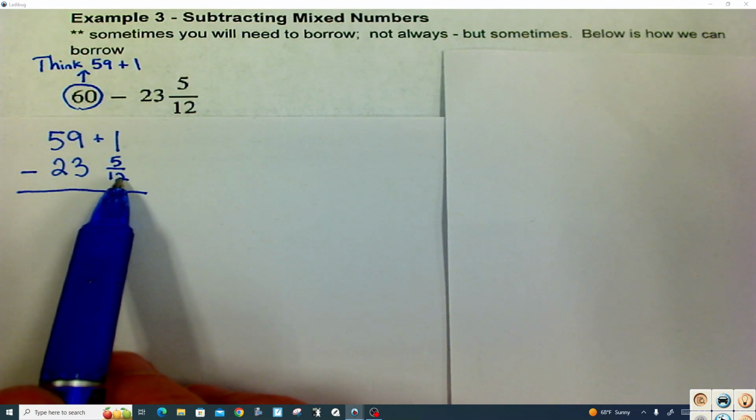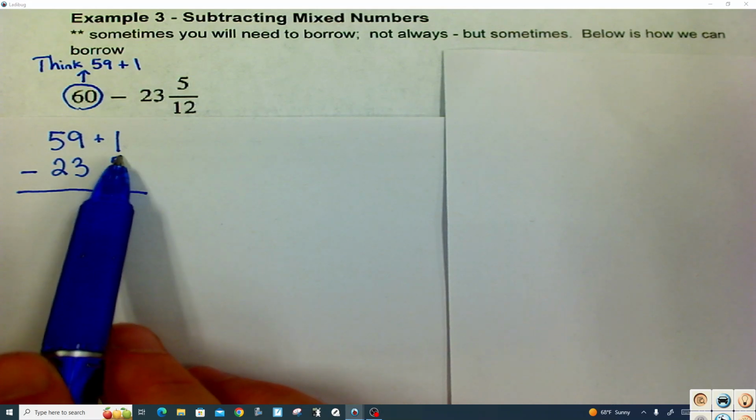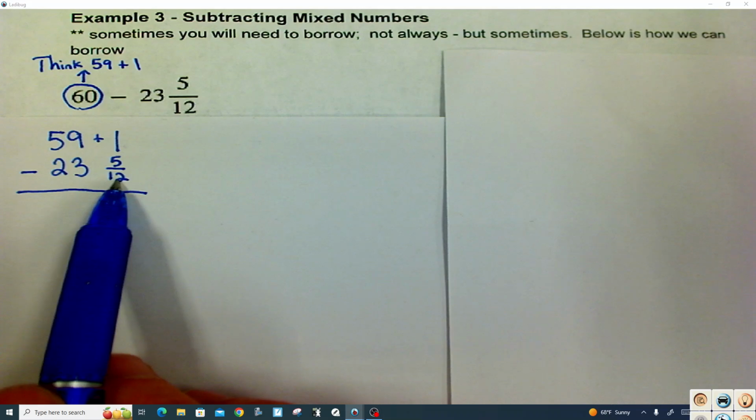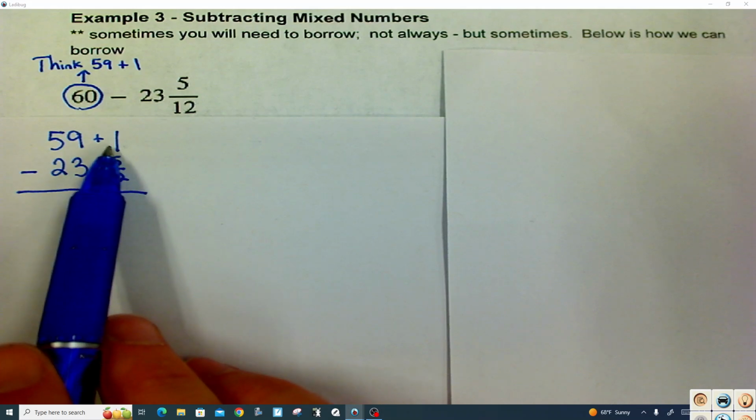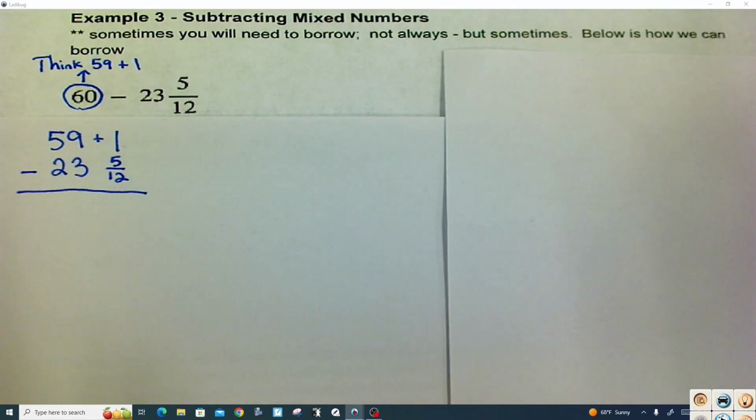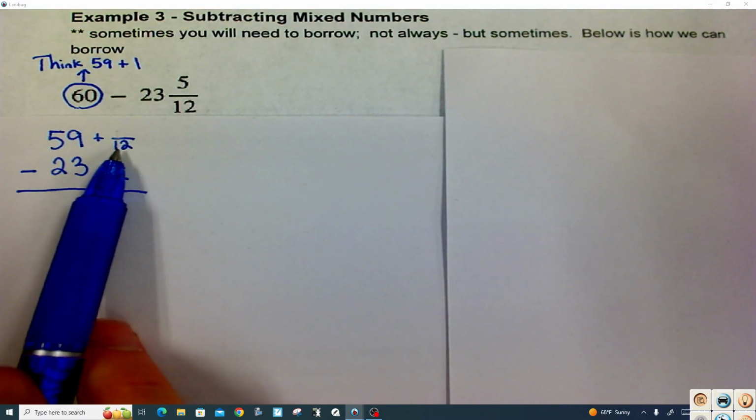And then the next question is, what can I make it so it plays really nice with this 5/12? Just take a look at the denominator of this fraction down here. If this is a 12, then I want to turn this 1 into a fraction with a 12 on it. And that's how the 1 is going to get a bottom denominator of 12.